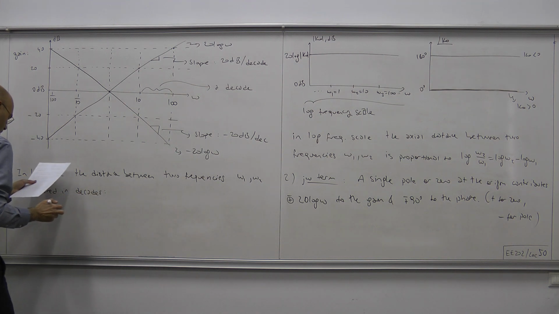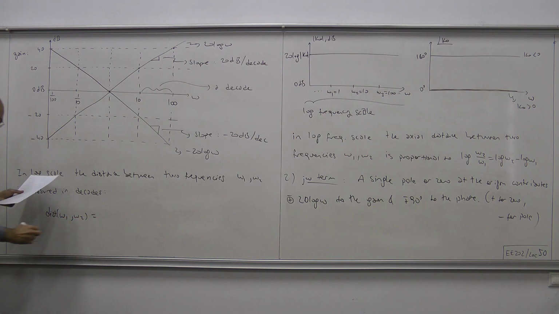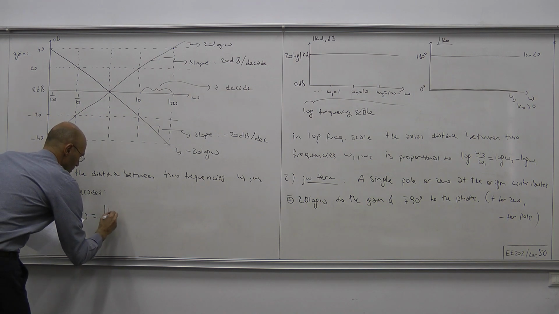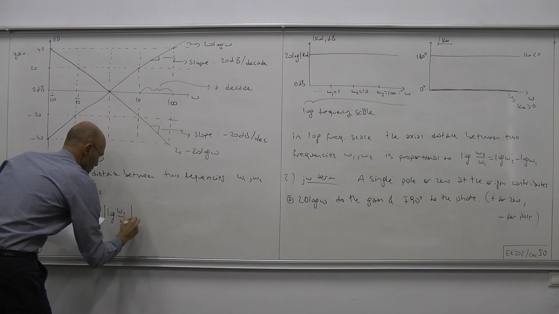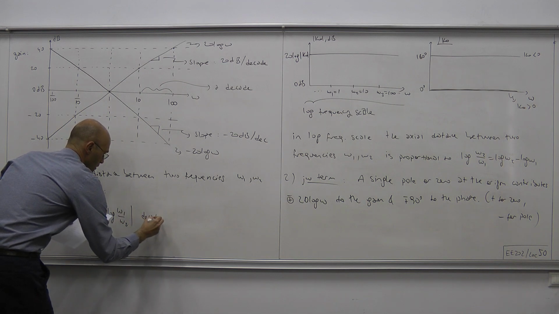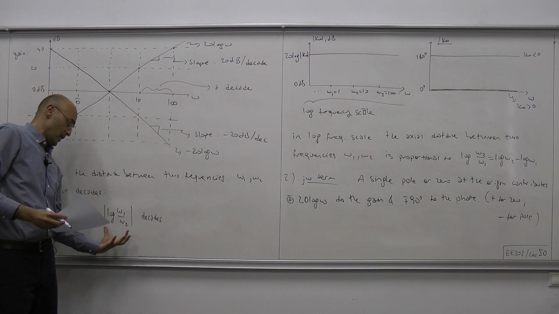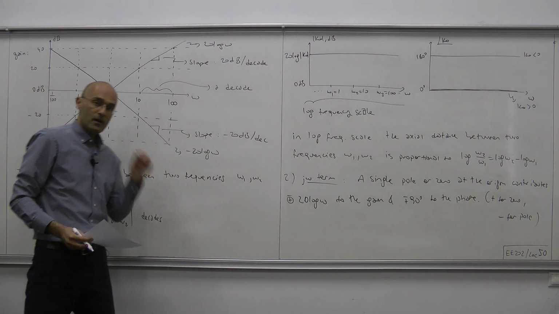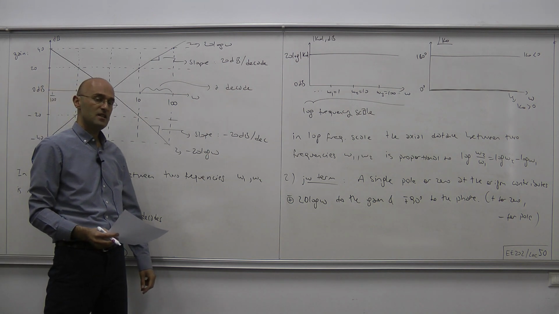Okay, and this is what we mean. The distance between omega 1 and omega 2 equals log of omega 1 over omega 2 decades. Okay, you take the ratio, and then you take the log of ratio, and then the magnitude of that number is the distance between those two frequencies, in decades.